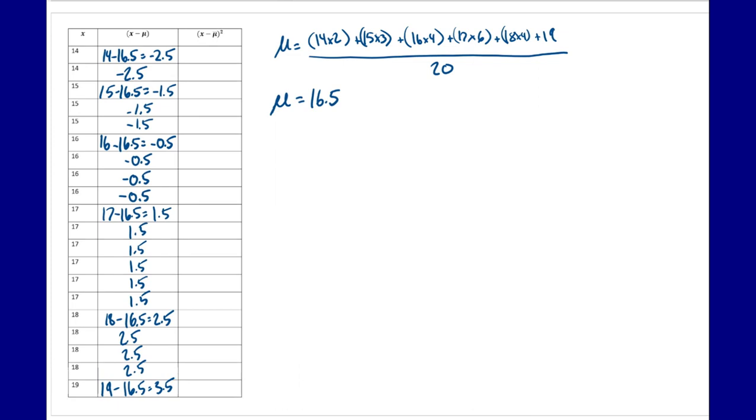Same thing for the next one, when we're calculating the square of each distance to get rid of the negatives. It might seem tedious at first, but the fact that we can just copy the same value down does make it a little bit easier. And the nice thing about the negatives is that it's going to be the same value as the positives, because when we square a negative number, it'll be the same as if we squared the positive version of it. So we can go through a little bit faster.